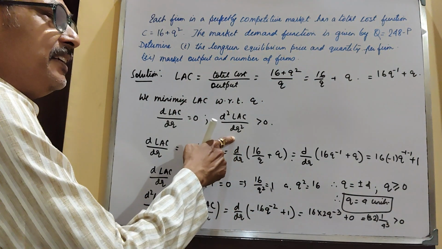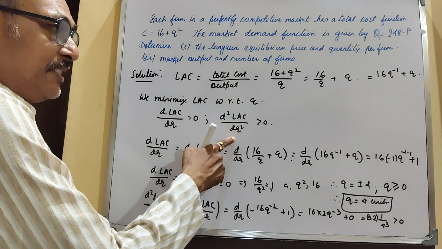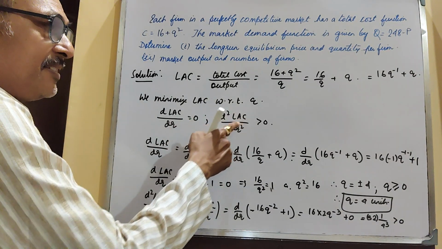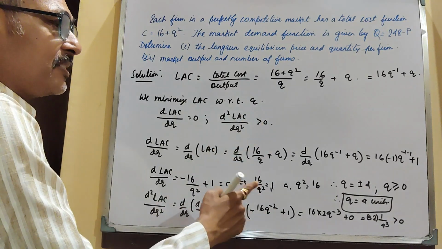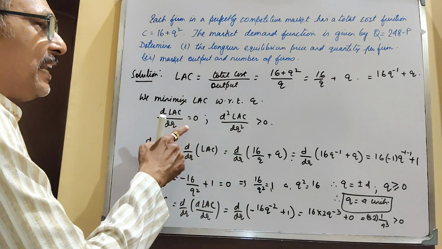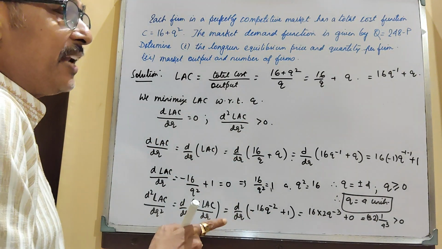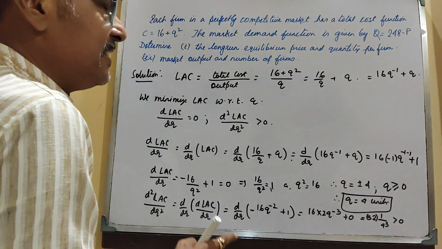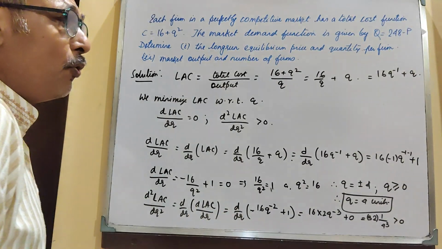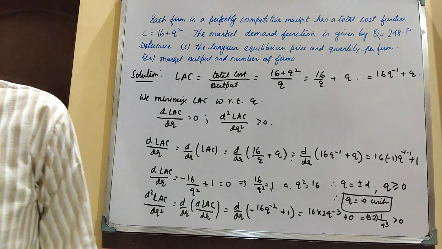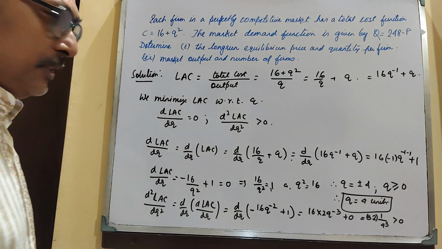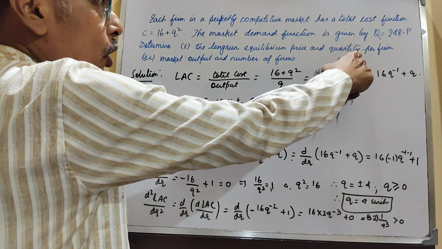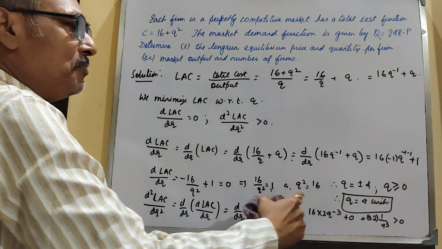Therefore, this condition is also satisfied, that is d2LAC by dq squared is greater than 0. Therefore, LAC is minimum where q equals 4. That is, each firm produces 4 units of output. The long run quantity per firm is 4.